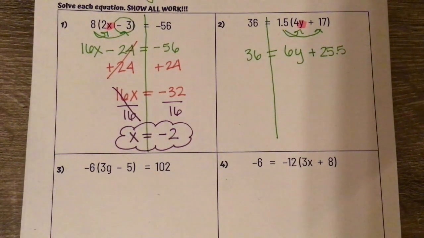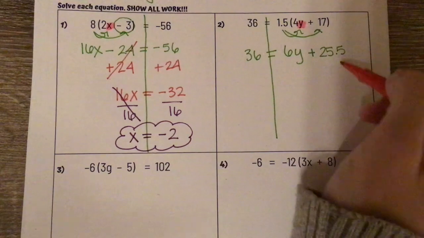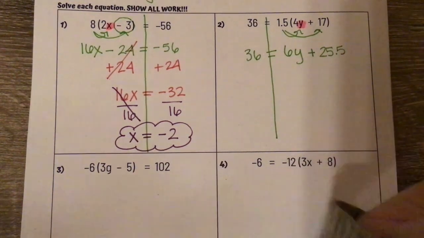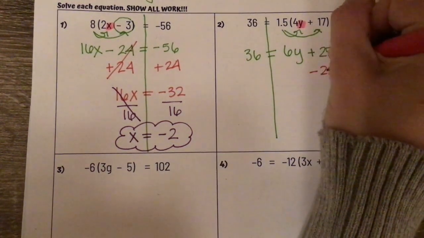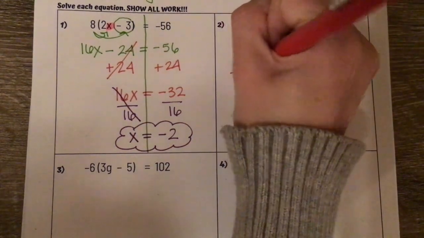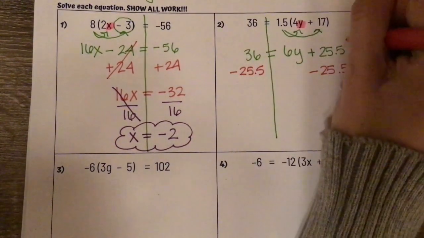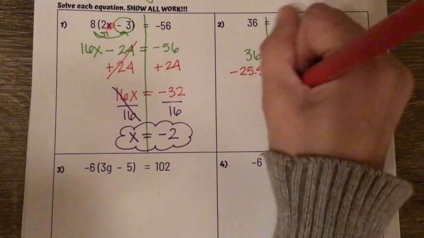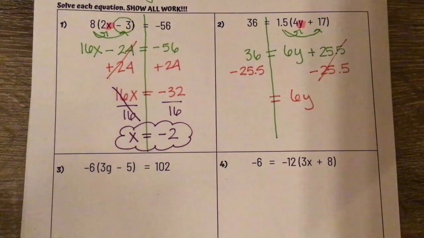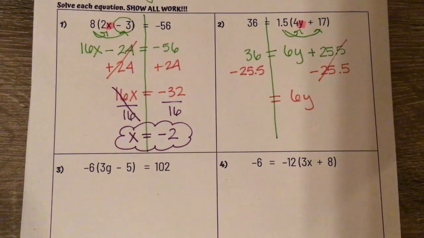Now we have our basic two-step equation. We're going to get rid of our constant. We've got plus 25.5, so I'm going to get rid of it by subtracting 25.5 from both sides. Those cancel out on that side, so we're left with just 6y over there. And on the left side, 36 minus 25.5 is 10.5.